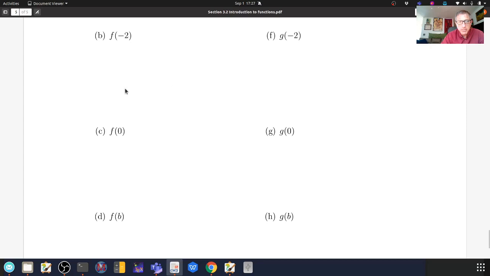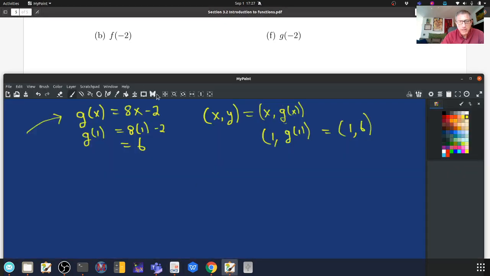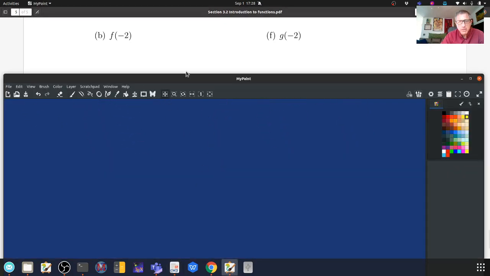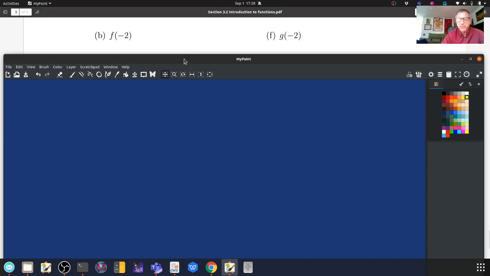We're going to do B and G and then D and H. That's all we're going to do. These are really simple exercises, and they're worked out in detail in your book. I need to go back a page so I can write down what f is. So let's just do it right here.